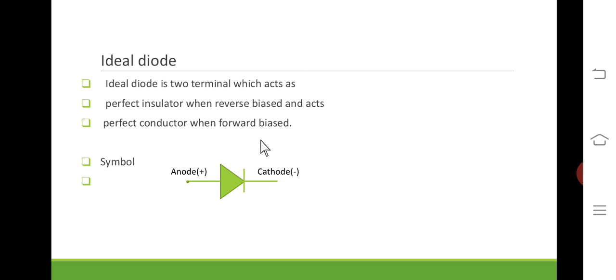So what is the importance of the ideal diode? When it is reverse biased, it acts as a perfect insulator, and when it is forward biased, it acts as a conductor. That is nothing but the ideal diode.